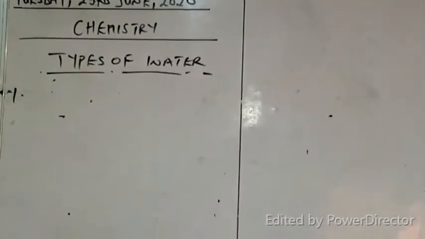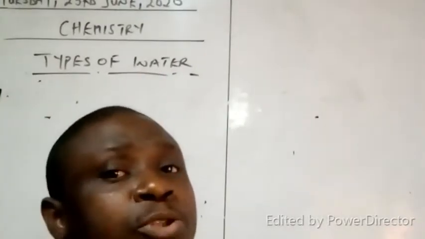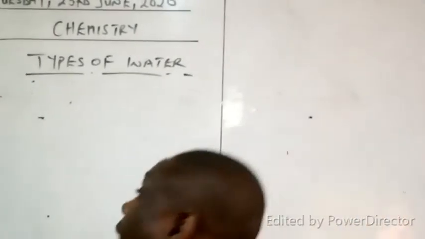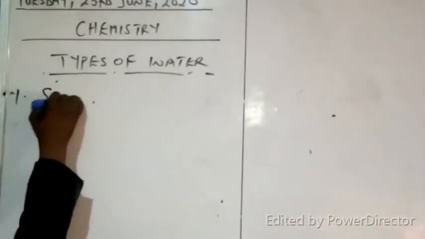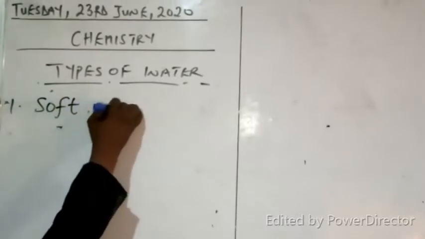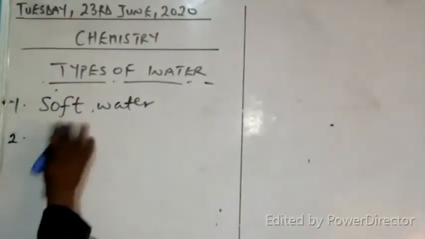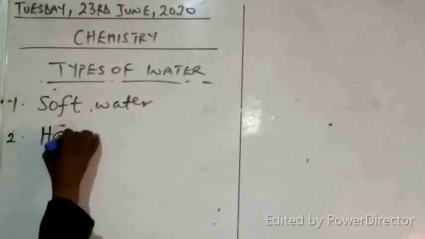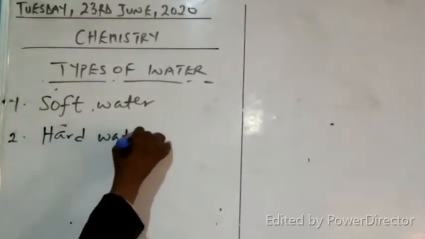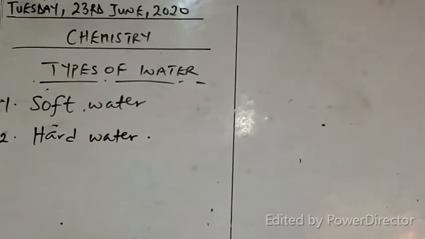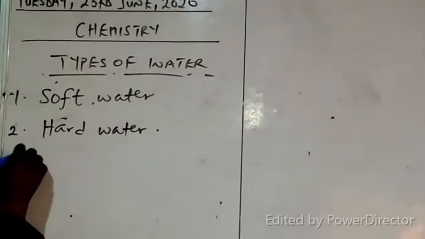Now, talking about the types of water, we have mainly two types of water. One, soft water. Then secondly, we have hard water. Now, what is soft water?